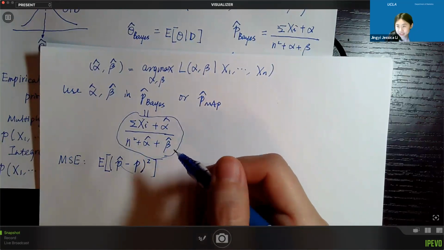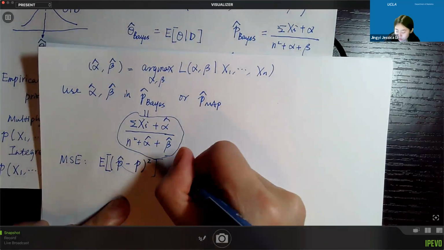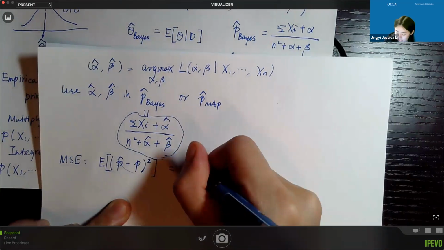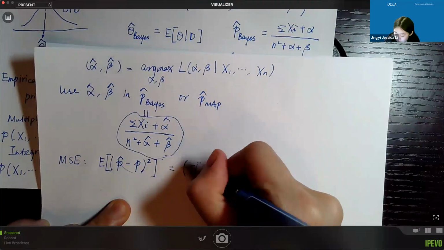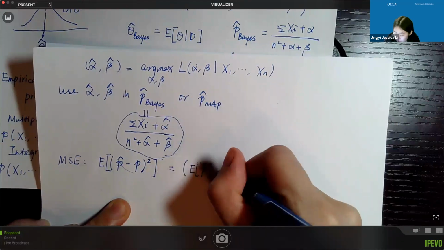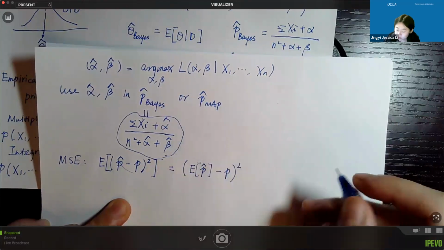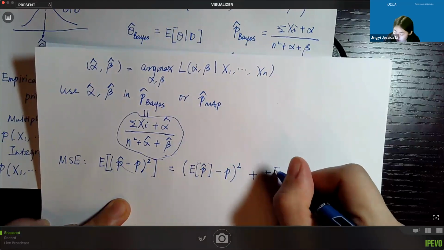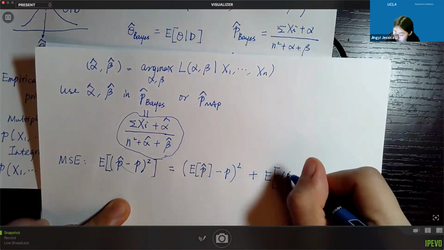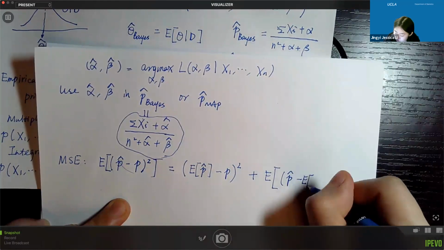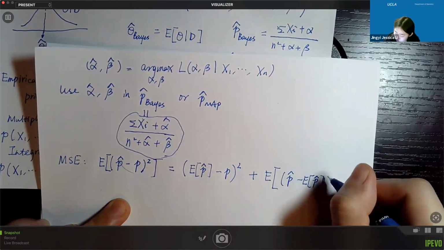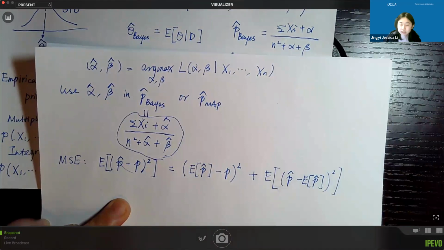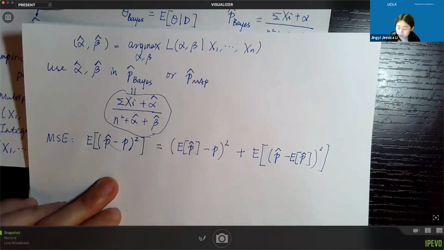Interestingly, we can decompose it into two terms. The first term is the expectation of P hat minus P, squared, plus the expectation of P hat minus its own expectation, squared. This is what we call the bias-variance trade-off.